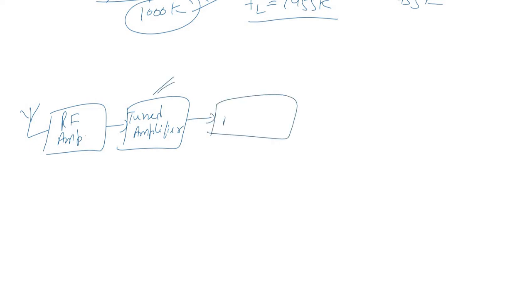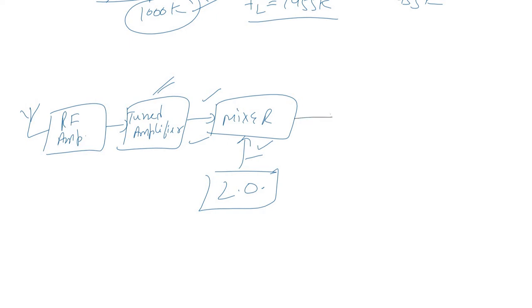The next block is a mixer that we have already discussed, and another input to the mixer is a local oscillator. The mixer multiplies the two signals, the signal coming from the tuned amplifier and the local oscillator, and the resultant is the addition and subtraction of the frequency components of the two signals. Obviously, when we multiply the two signals, the frequency components get added or subtracted.